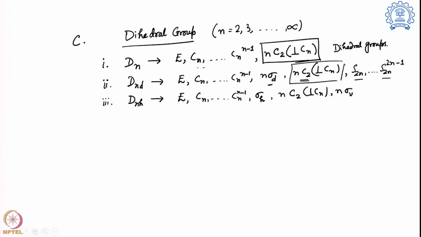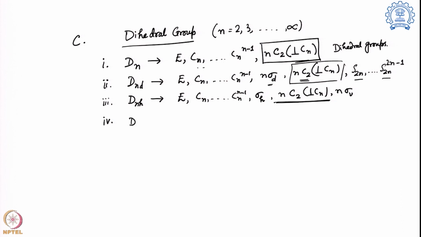So, this is what is actually happening in the point group Dnh, which you can say is an extension of the point group Cnh, but in Dnh we have this extra factor coming in. You have n number of C2s perpendicular to Cn. So, that is actually differentiating between a single axis rotation group and a dihedral group.